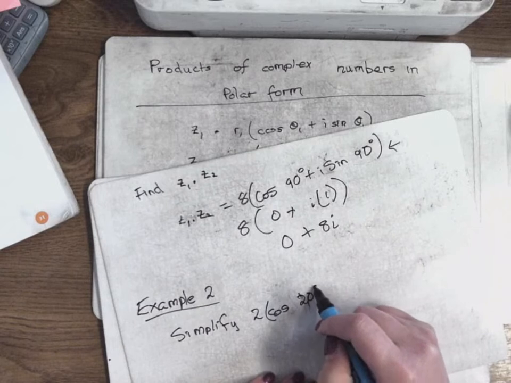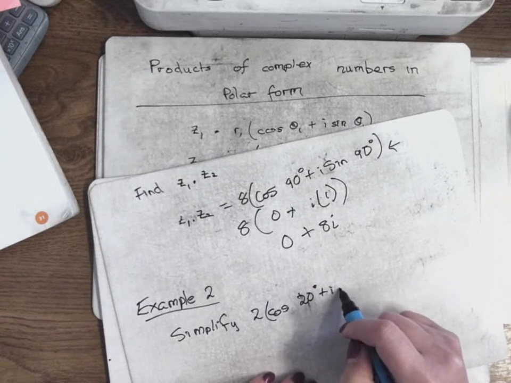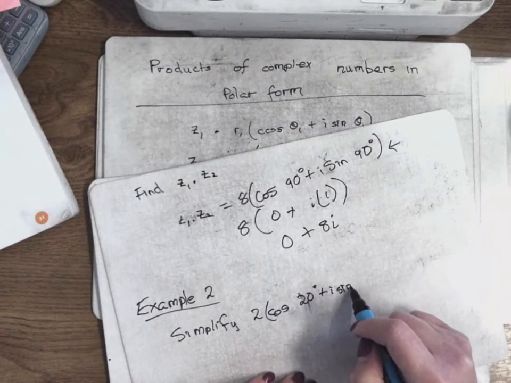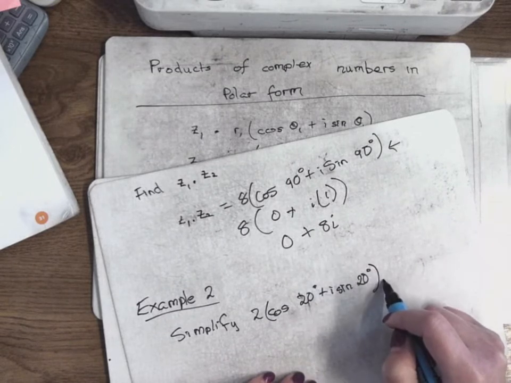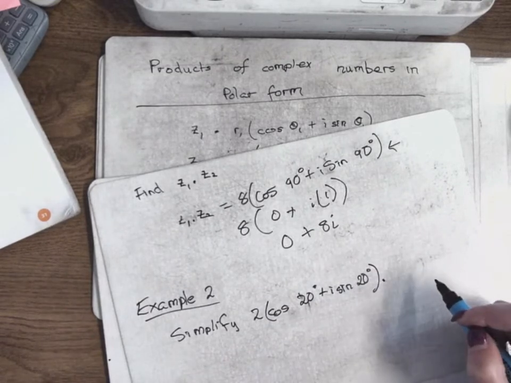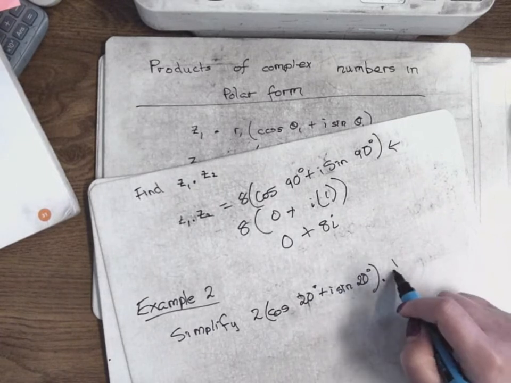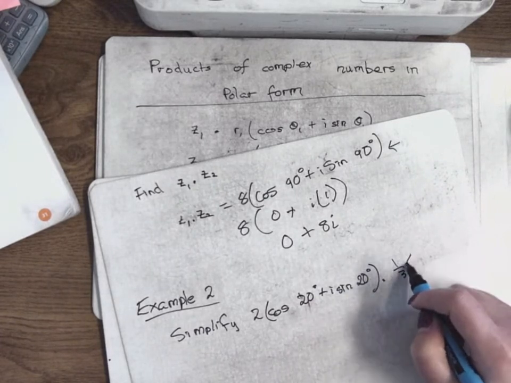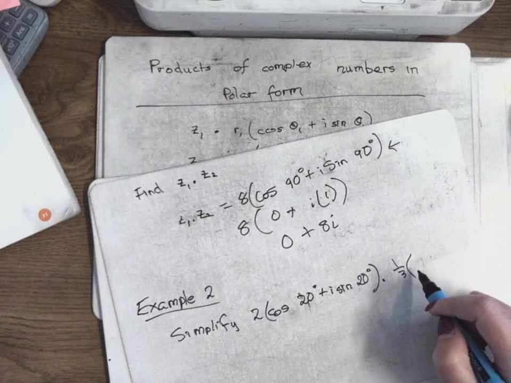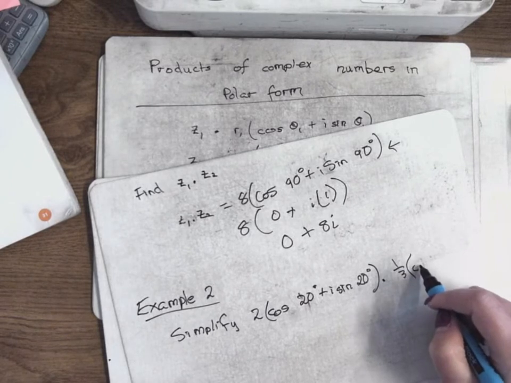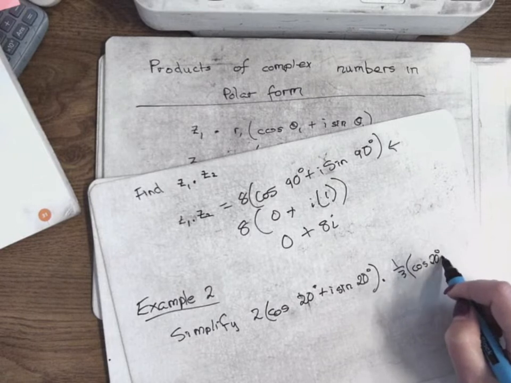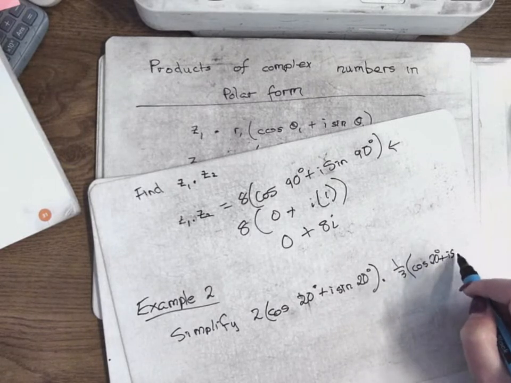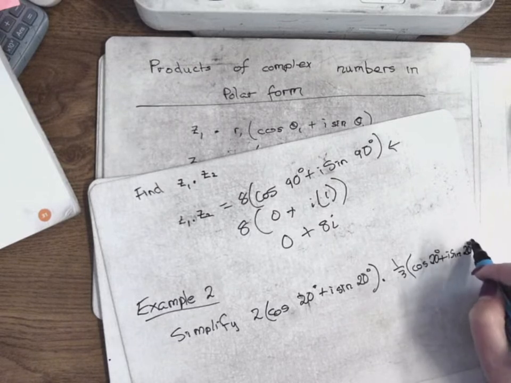I'll turn it back into degrees: cos 20 degrees plus i sine 20 degrees, multiplied by 1/3 of the cos of 20 plus i sine 20, and you can keep going across the line. I'll have to get a new line.